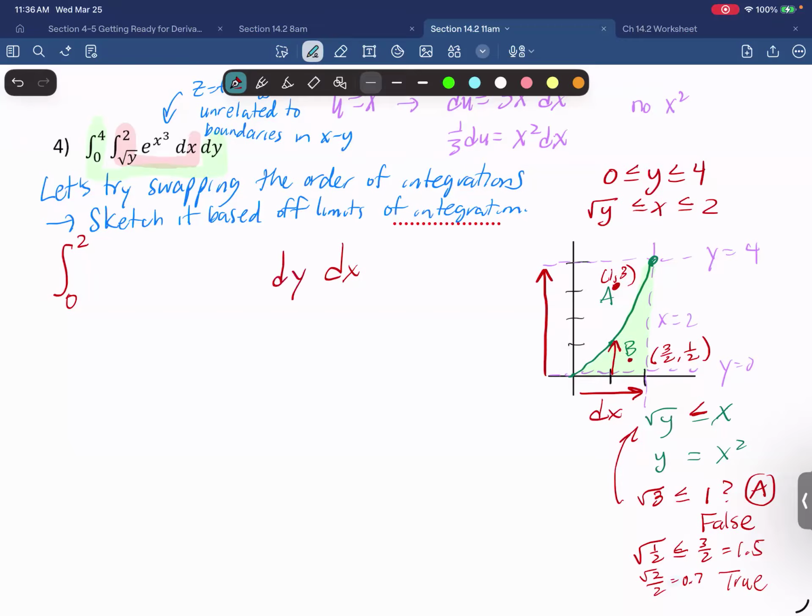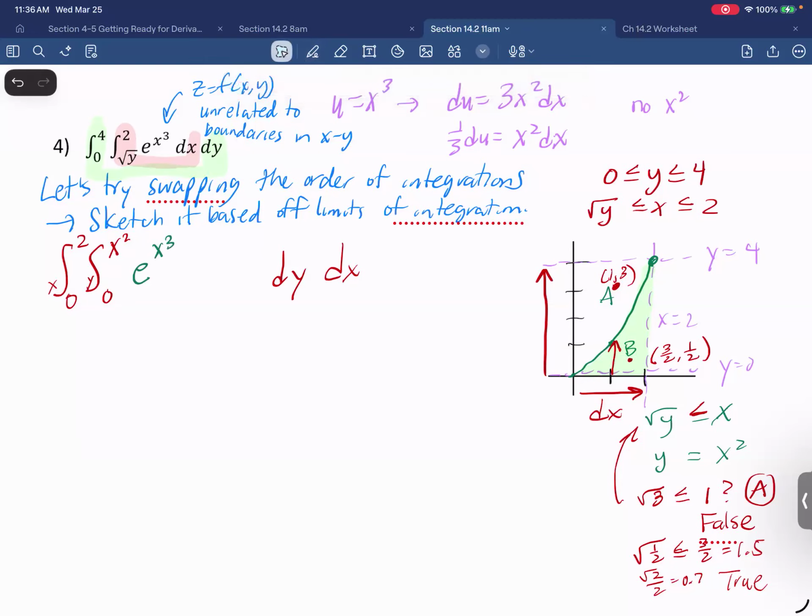And our dy, we start off at y equals 0, and it's going up to y equals x squared. I guess I don't need to write the y part. And we've got our f of x, y on the inside. I gave myself too much space, so I'm going to move that dy dx over. We've got our e to the x cubed now.